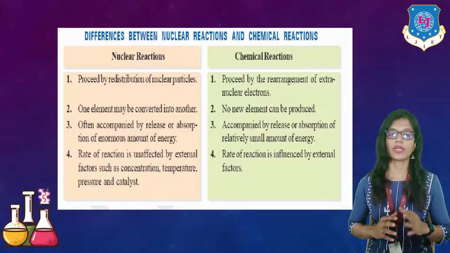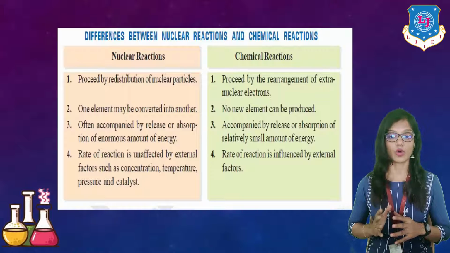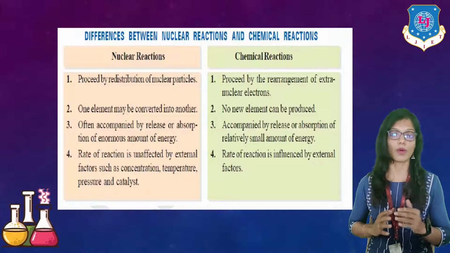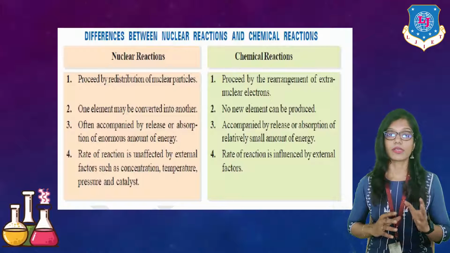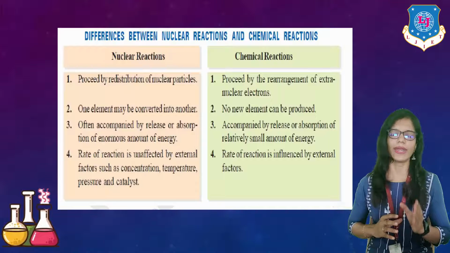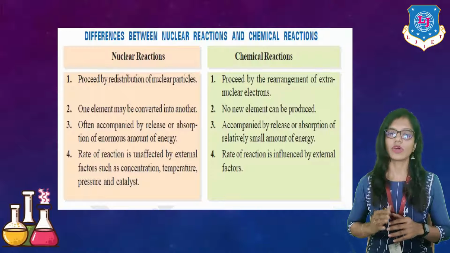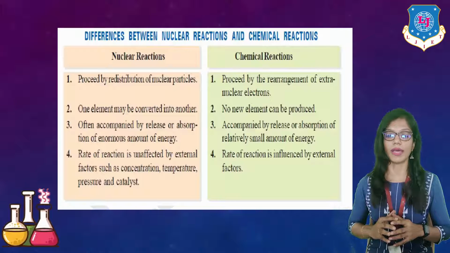Nuclear reactions are often accompanied by release or absorption of an enormous amount of energy, while chemical reactions are always accompanied by release or absorption of a relatively small amount of energy. The rate of nuclear reaction is unaffected by external factors such as concentration, temperature, pressure and catalyst, while the rate of chemical reaction is influenced by external factors.